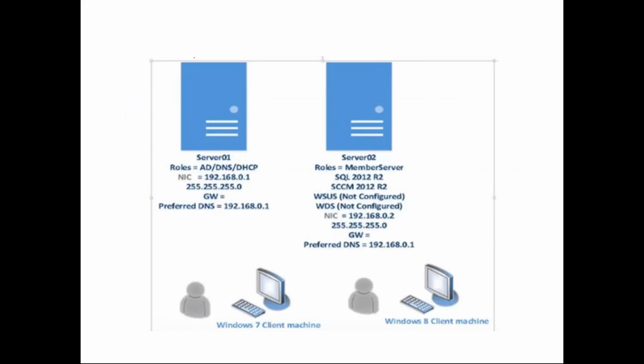So we will have our lab like this. One server will be your domain controller, the other server will be your SCCM, and the third server can be your database. There could be one more server here, and one client computer, either Windows 7 or Windows 8.